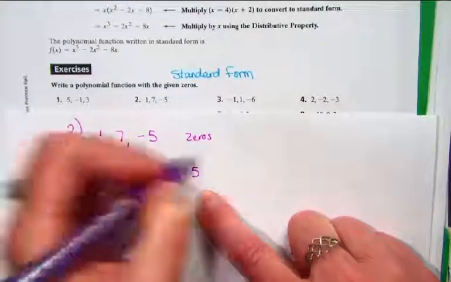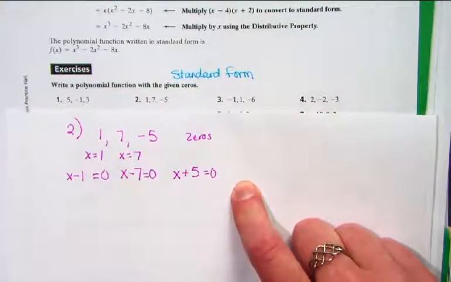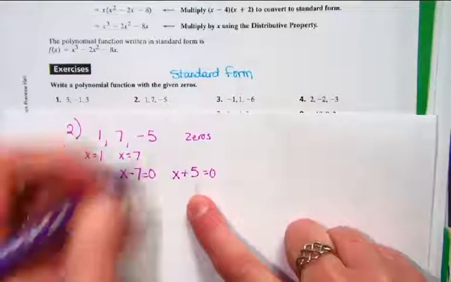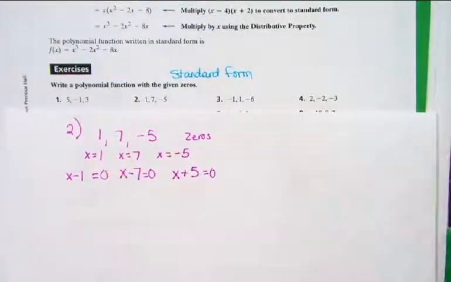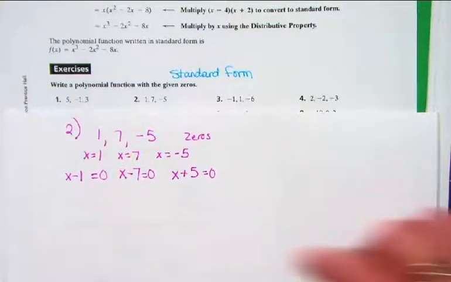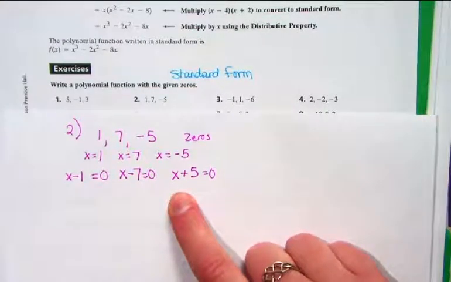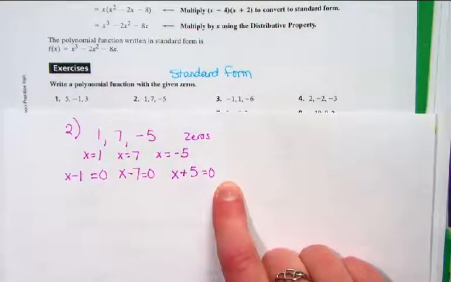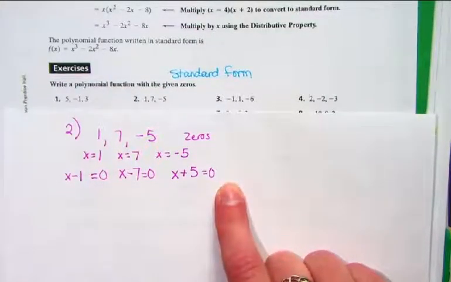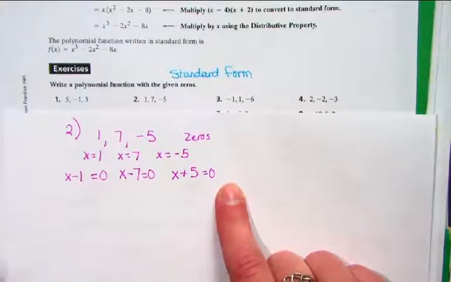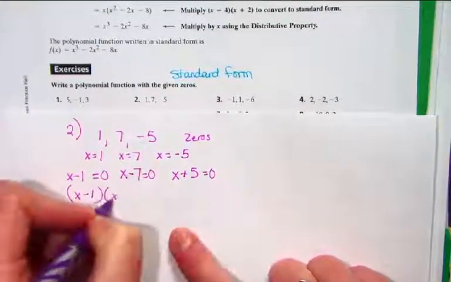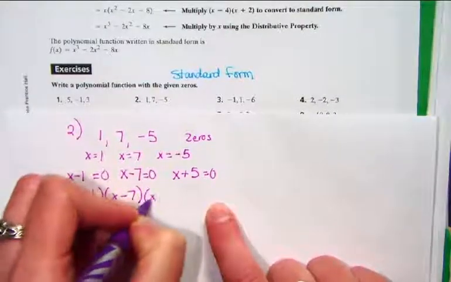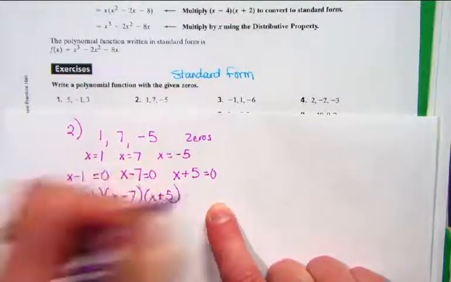Now I'll show you a case where we do have to do some extra steps, but we can always go back to x equals whatever the zero is, and then set it equal to 0. Are there any questions about that step, first of all, going from a zero to the factors? Awesome. Once we have those factors, we will just multiply them all together and put it into standard form.